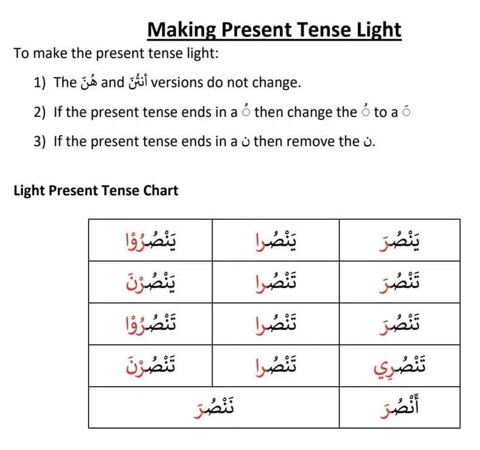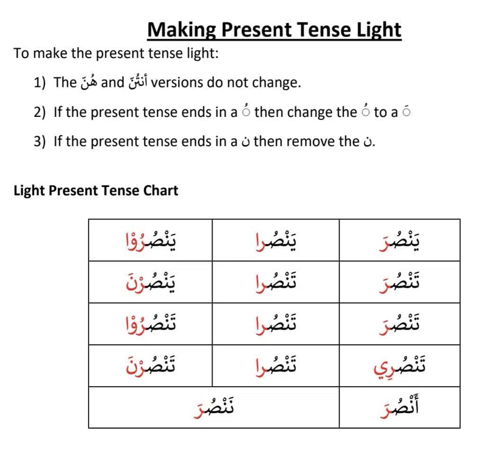Nahnu nushriku. So what lan does is, lan comes and nushriku becomes nushrika. Lan means not, future tense, will not. So nushrika means we are associating partners, or associating anyone. The meaning becomes we will not, because lan is will not.